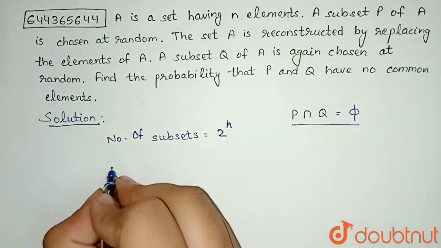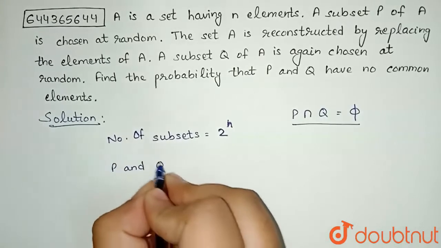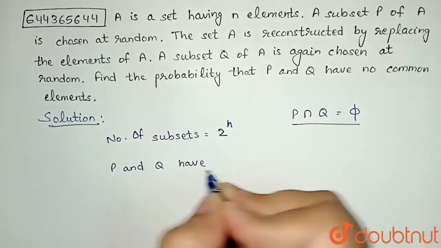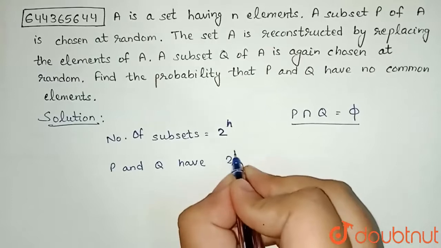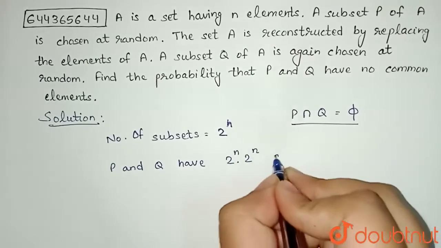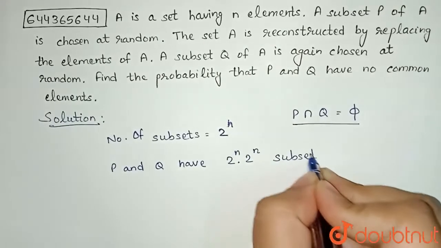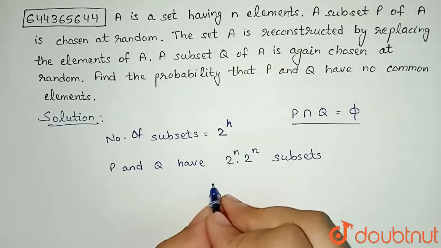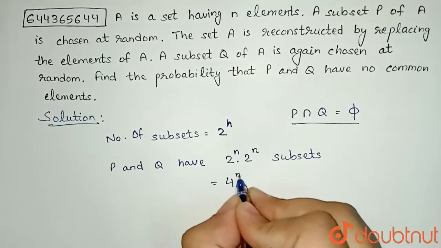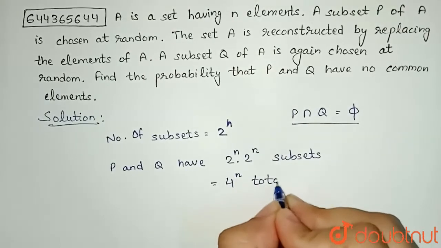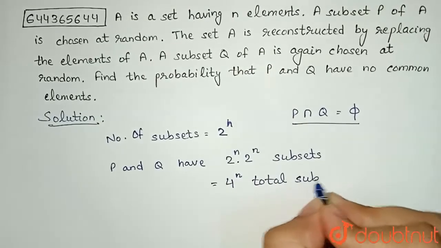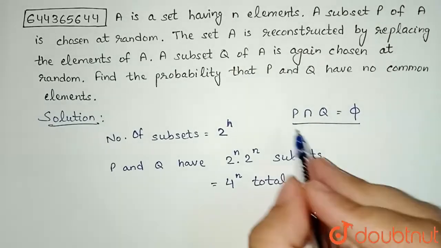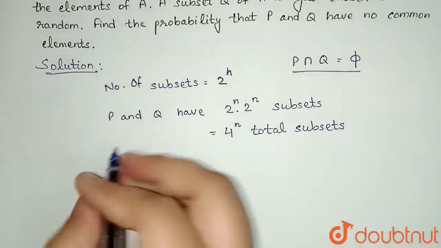So P and Q have 2 to the power n into 2 to the power n subsets. Why? Because P will have 2 to the power n and Q will also have 2 to the power n subsets. That means 4 to the power n total possibilities for P and Q if I take them together. Now in the question we need to satisfy this condition.